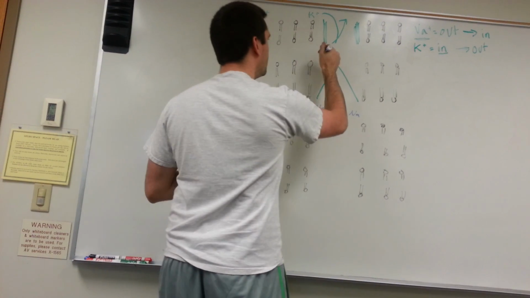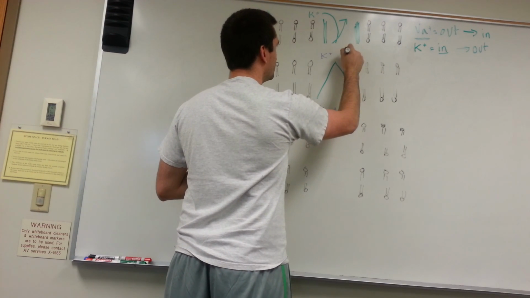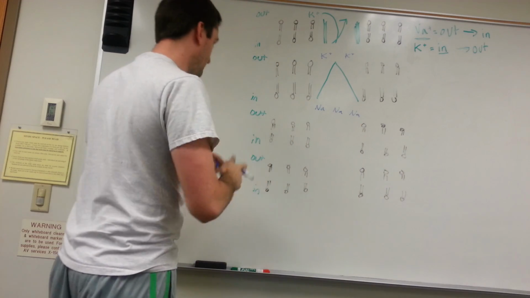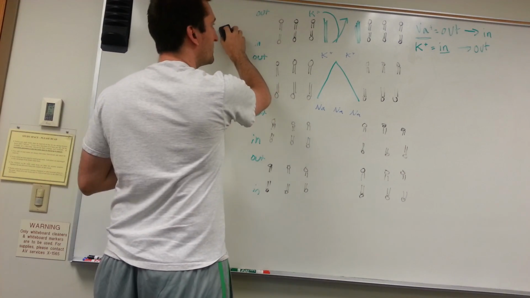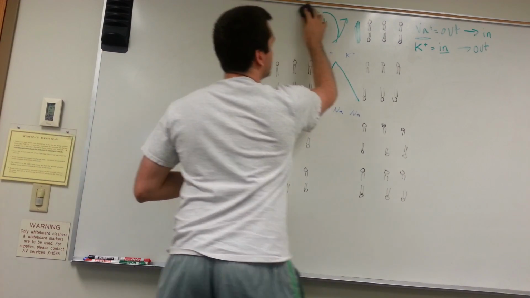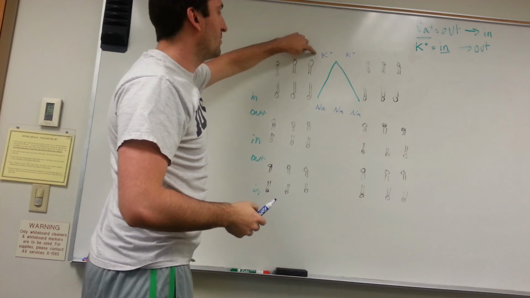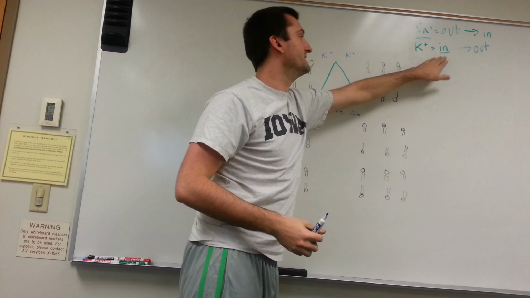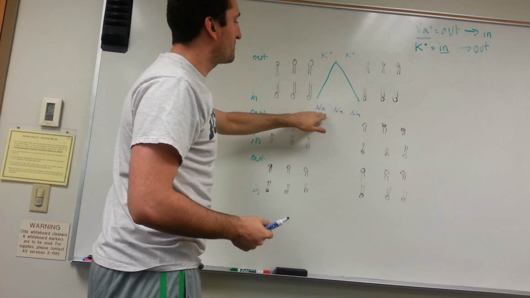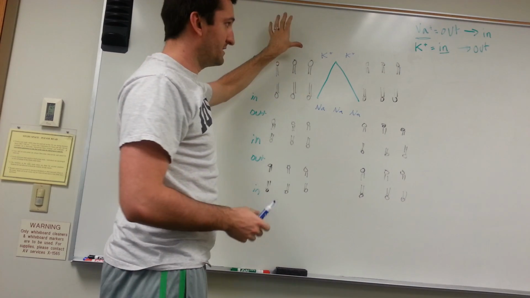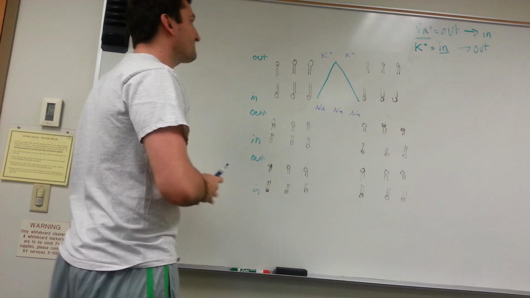And we're also going to have some potassiums outside the cell. So now we're talking about this one, so we can get rid of our top layer, just to help with the confusion a little. So we have our potassiums that we need to build the gradient inside the cell with. And we have our sodiums that we want to push out of the cell so we can build our gradient.